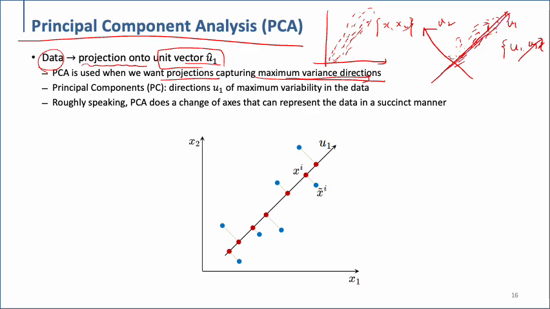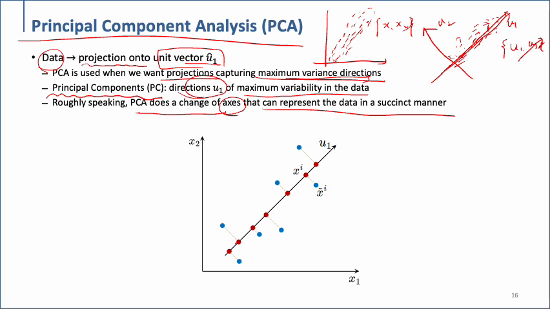By capturing maximum variance directions, we call them principal components. So the direction u1 of maximum variance in the data is the principal component. And roughly speaking, PCA does a change of axis that can represent the data in a succinct manner.